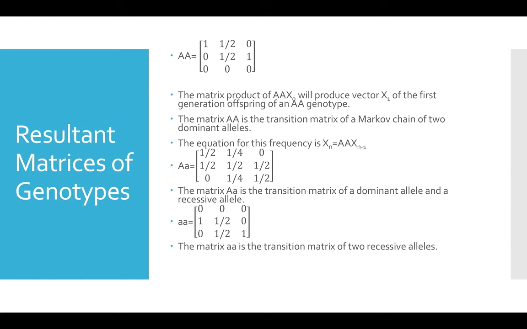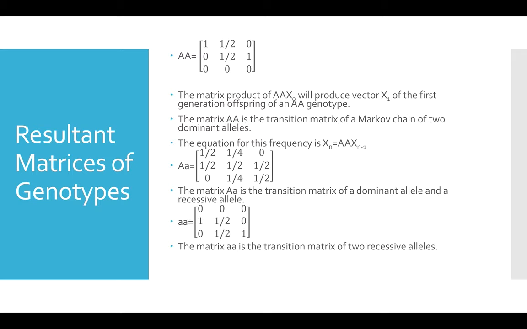Here we'll look at the resultant matrices of genotypes. For capital A capital A, we have three vectors: 1, 0, 0; 1/2, 1/2, 0; and 0, 1, 0. That's for the two dominant alleles.